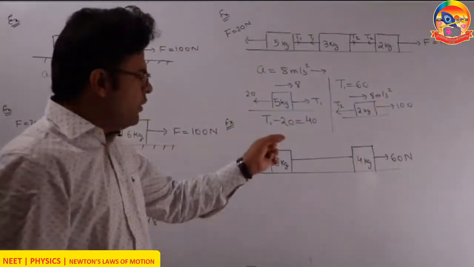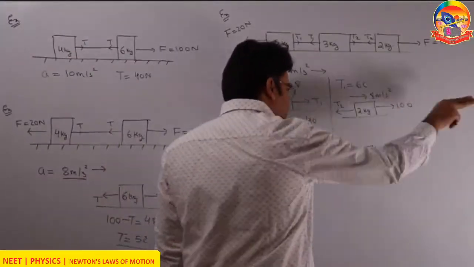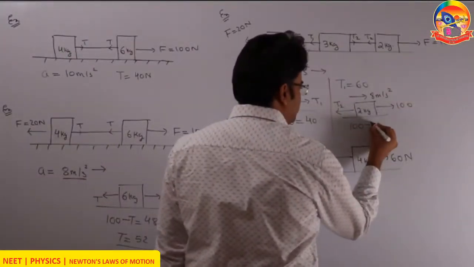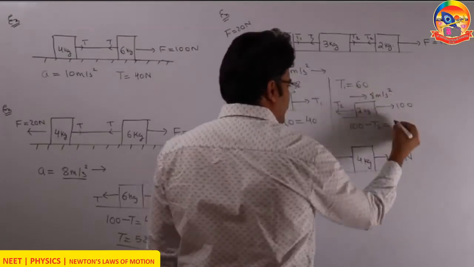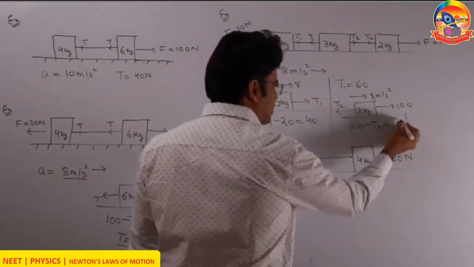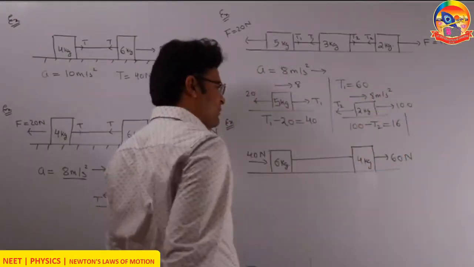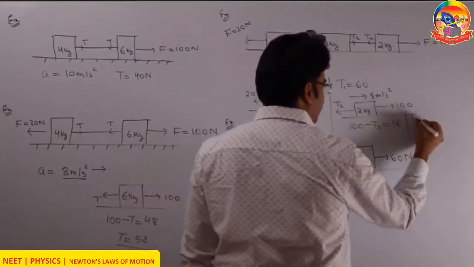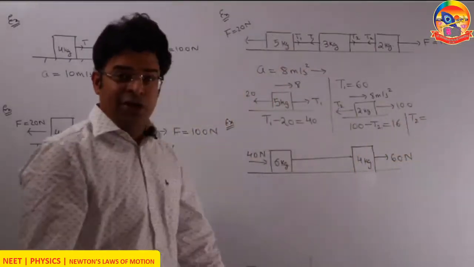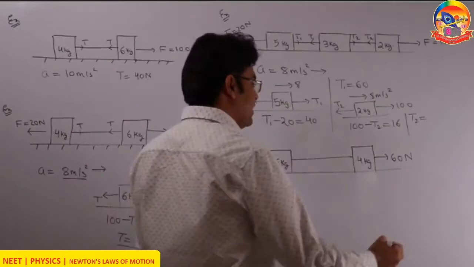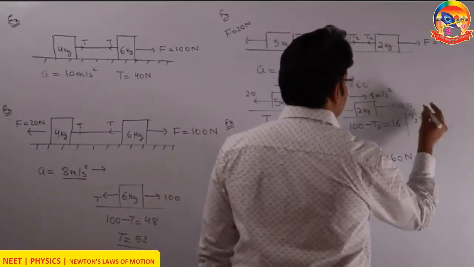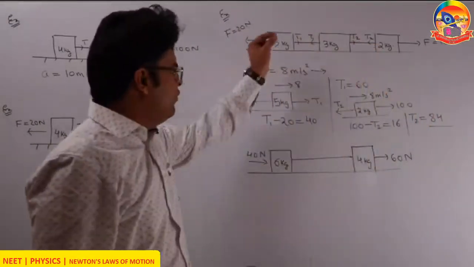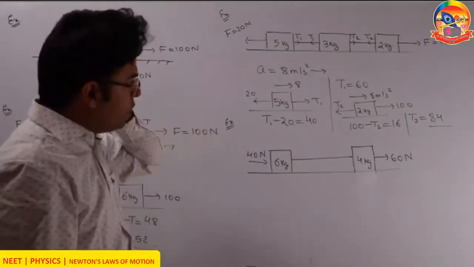So what is the value of T2? You say the net force in direction of acceleration: 100 minus T2 equals mass into acceleration, 8 into 2, 16. So T2 comes out to be 100 minus 16, which is 84. So the tension in the second string has to be 84, and in the first string 60.